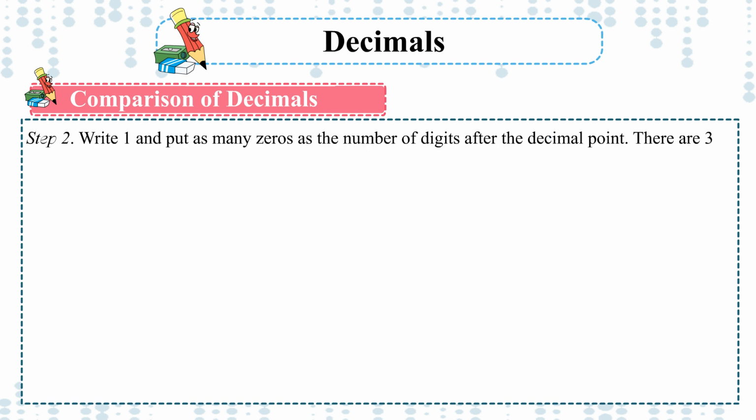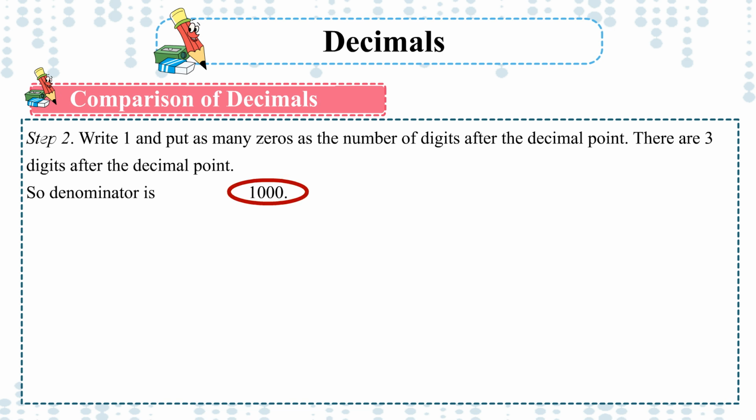Write 1 and put as many zeros as the number of digits after the decimal point. There are 3 digits after the decimal point. So denominator is 1000. Therefore fractional number is equal to 10,523 upon 1000.